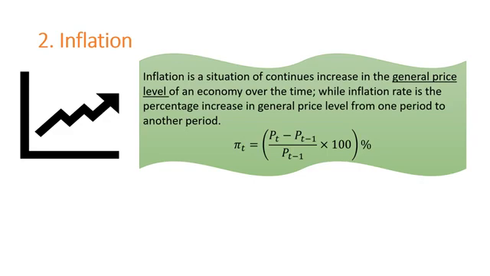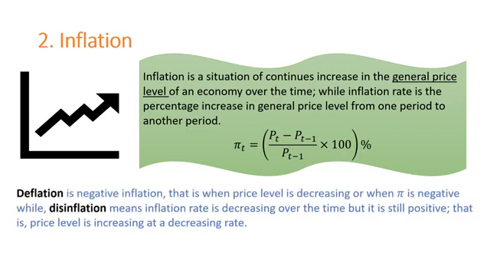Listeners, deflation is negative inflation. That is when overall price level is decreasing or when inflation is negative. While disinflation means inflation rate is decreasing over the time, but it is still positive.